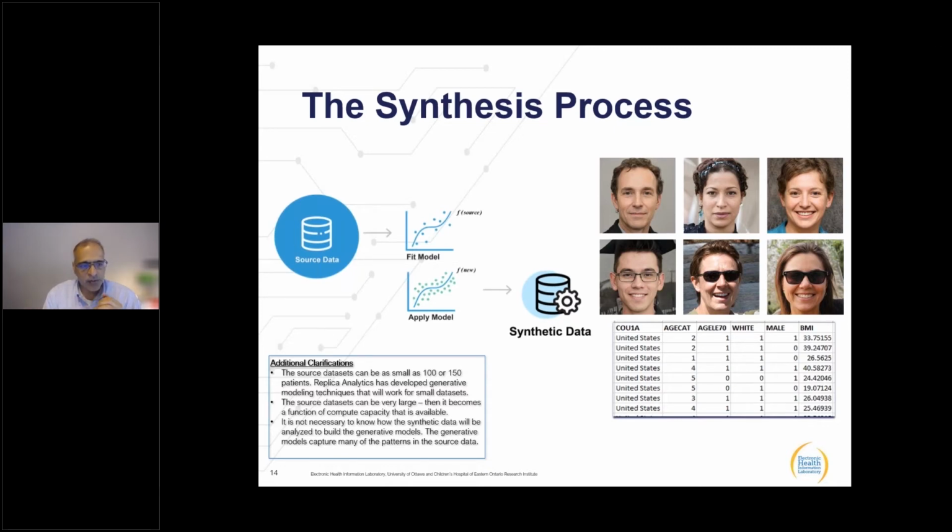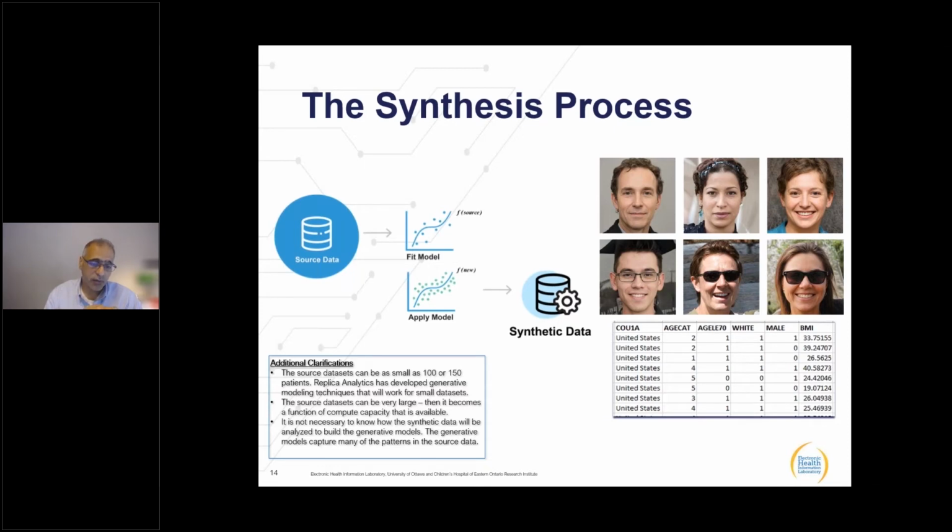And then another important question is, do you need to know the analysis that will be done with the synthetic data set in advance to build these models, to fit these generative models? And the general answer is no. You don't need to know the analytics, the workloads in advance. Of course, if you do, you can take advantage of that information. But as a general answer, you don't need to know the eventual workloads.